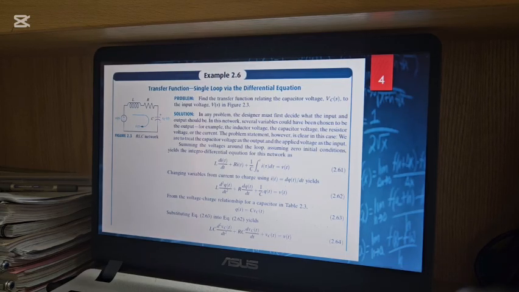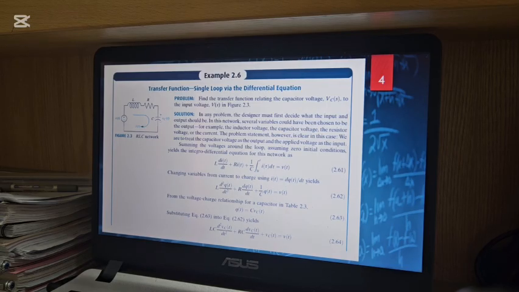We are to treat the capacitor voltage as the output and the applied voltage as the input. Summing the voltages around the loop, assuming zero initial conditions, yields the integrodifferential equation for this network.